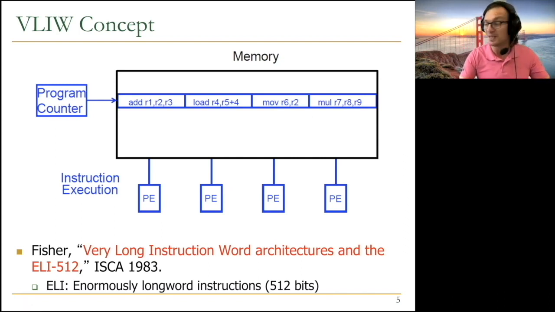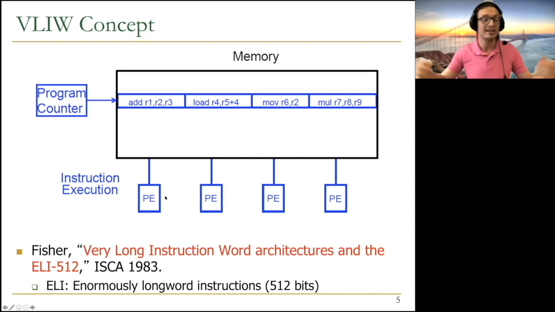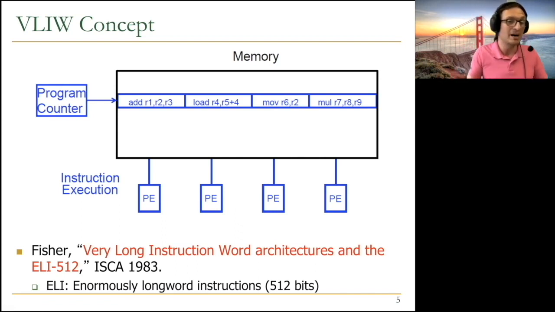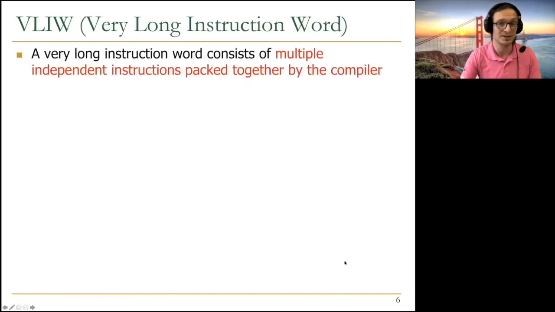MIPS has 32 bits, right? So assuming each instruction is 32 bits, you can pack 16 instructions to be executed concurrently. And later we will see VLIW machines that are built that can fetch, decode, execute 28 instructions concurrently. Now, of course, the compiler needs to ensure that you have 28 instructions that can be executed concurrently in a single cycle. So conceptually, it's beautiful, as you can see.